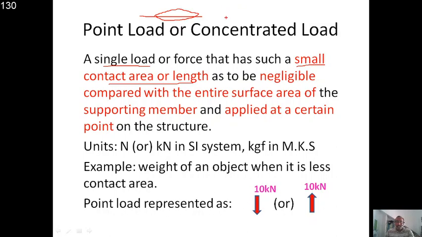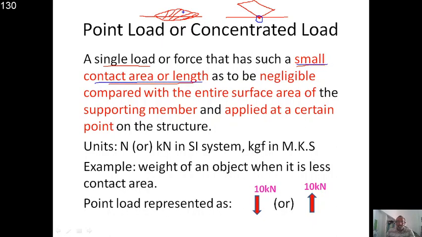If on the same floor the bag is placed like this, that is what I mean by a rhombus. Here it is contacting the total area, whereas in the other case the contacted area is how much? This much only, very few. So what I am saying is that a small contacted area should come.